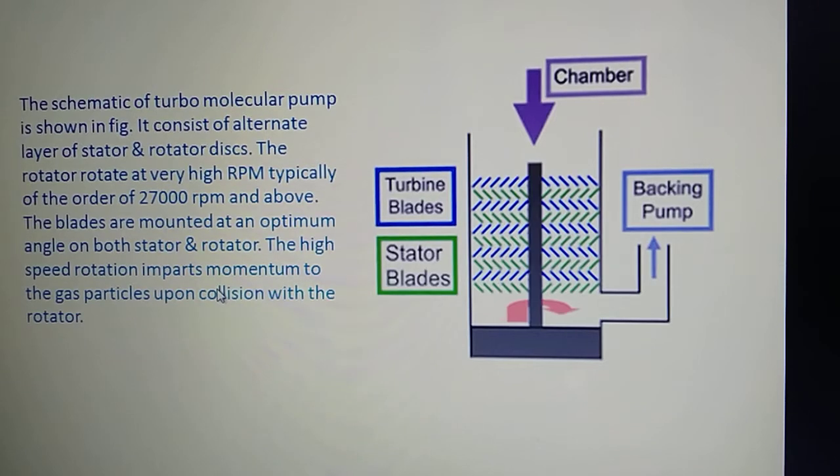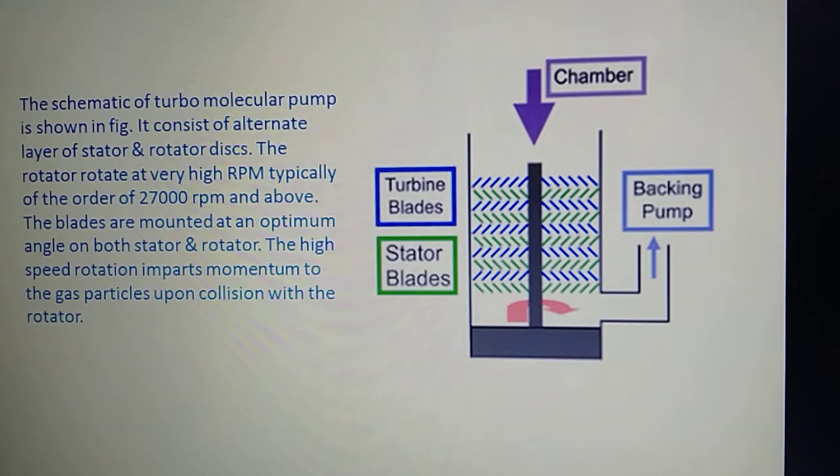The rotator rotates at higher speed of RPM, and it is rotating at the speed of the order of 27,000 RPM and above.